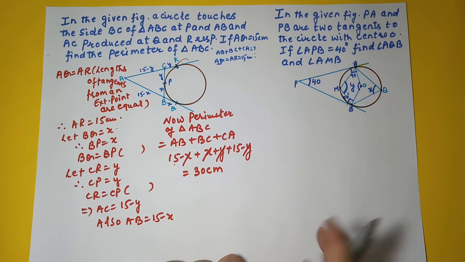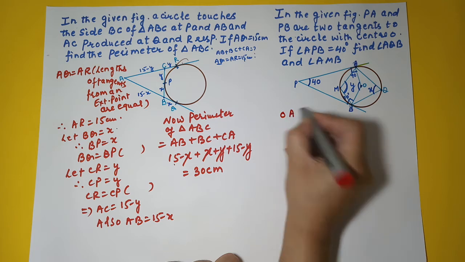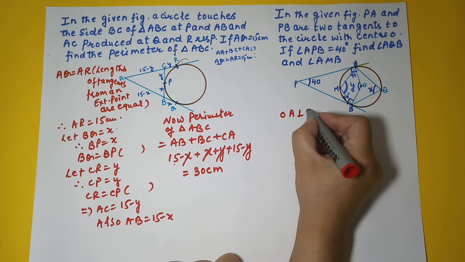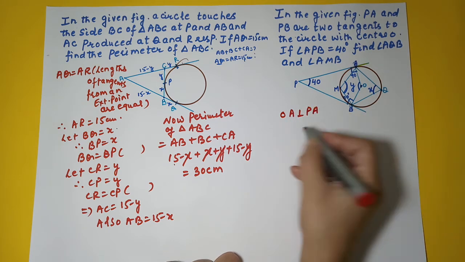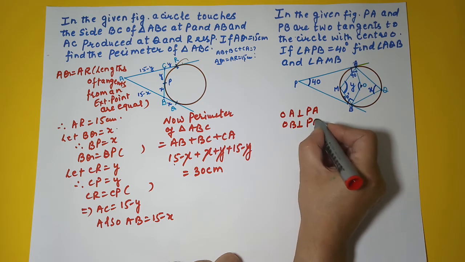How will we write this? We will write OA is perpendicular to PA and OB is perpendicular to PB.